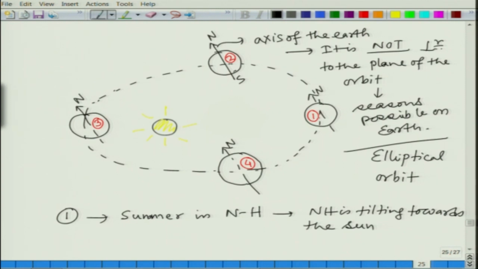Okay. And the exactly opposite position, which is position 3, that will be the winter in north hemisphere, right. Because for position 3 you can see that the northern hemisphere is tilting away from the sun.